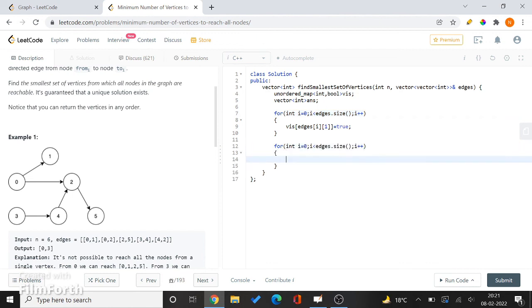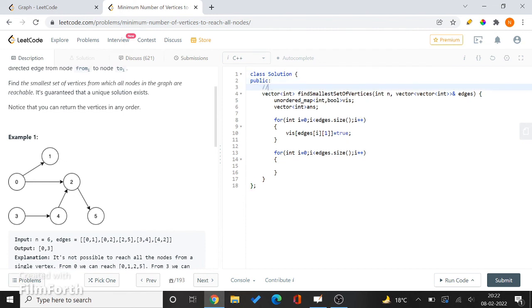Now we check, in our u to v edge, for every u that we have, is this u reachable by some other node or not, right? So we'll check that if visited of edges of i of 0 is false.